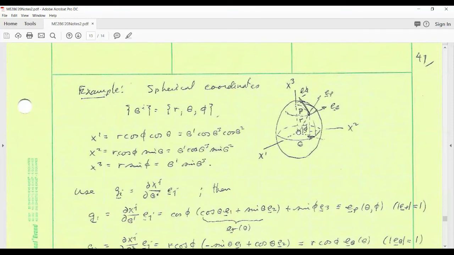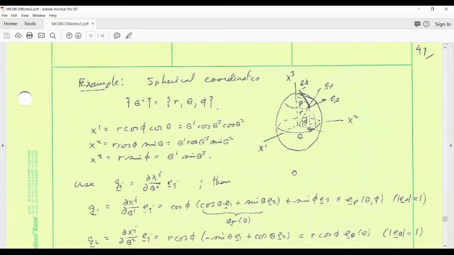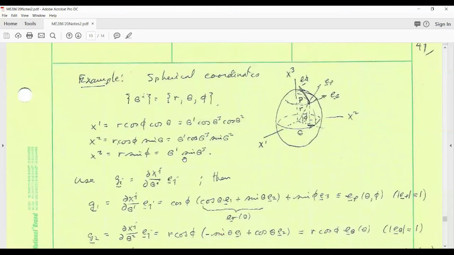Okay, and of course, on the surface of the Earth, the radius is more or less constant. So the parameters that we use to locate ourselves on the Earth are longitude and latitude, right? And the way we compute the natural basis elements is just using this formula we had in the beginning.